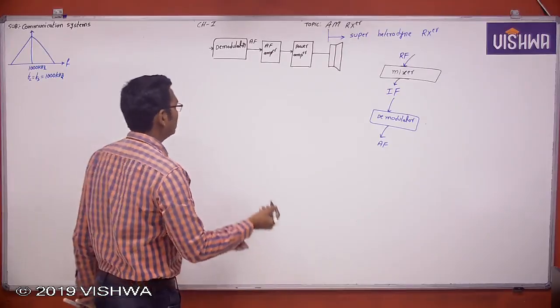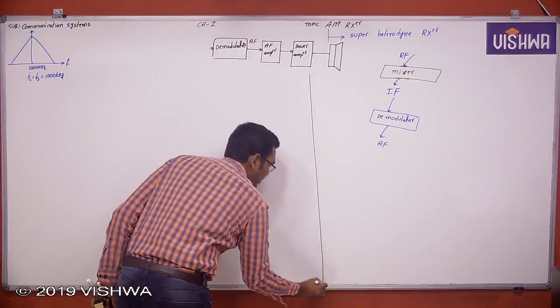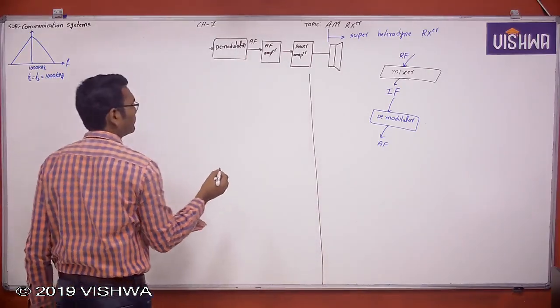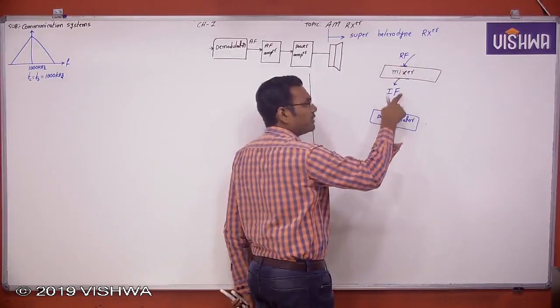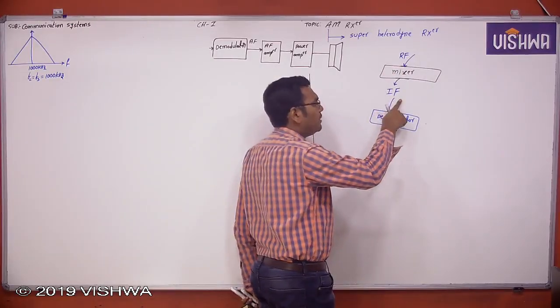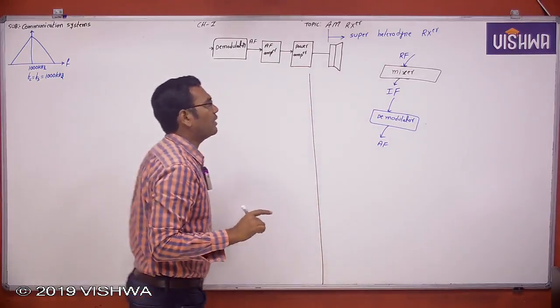Now with the diagram also I can easily explain such that you can easily understand. Clear or not? The incoming signal is down converted to a fixed frequency called the intermediate frequency, then goes for demodulation with the help of a demodulator. Okay.